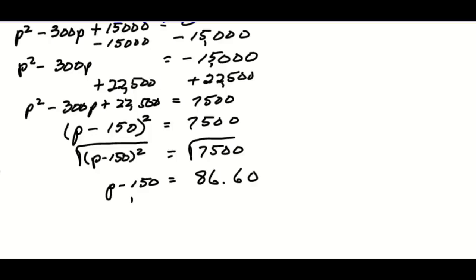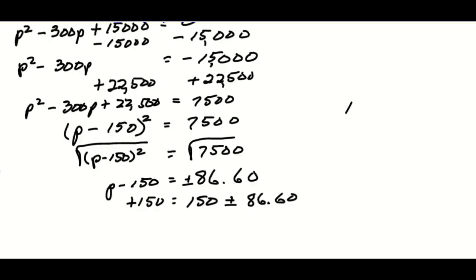Now what I'm going to do is add 150 to both sides, plus or minus 86.60. Well, in this particular case, if we add that, we're going to get some fairly high number.